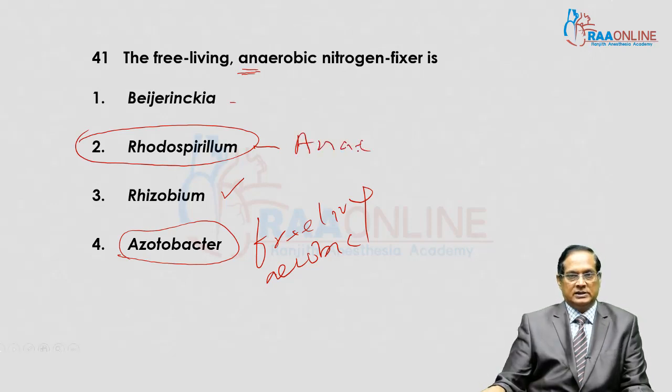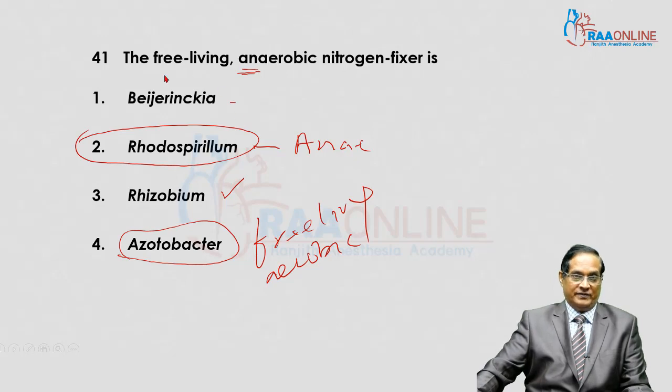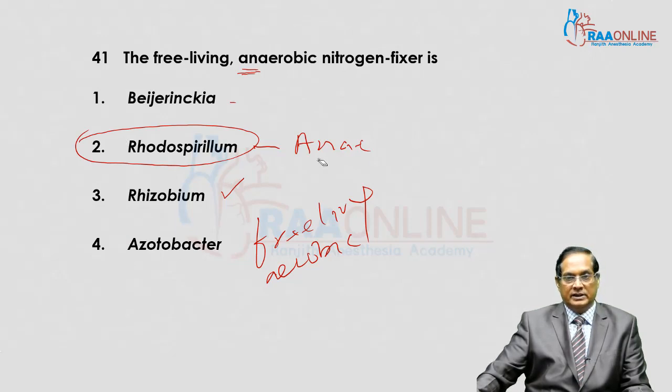The question is an anaerobic nitrogen fixer that is free living. So my answer is Rhodospirillum. This is anaerobic. The last one is aerobic actually. So this is the correct answer, Rhodospirillum.